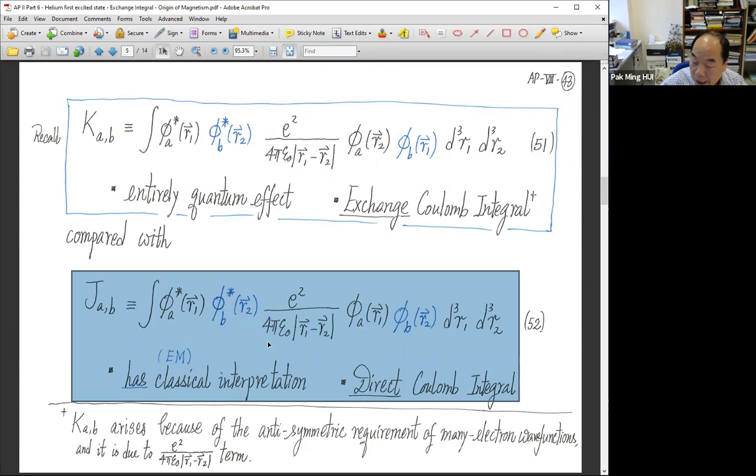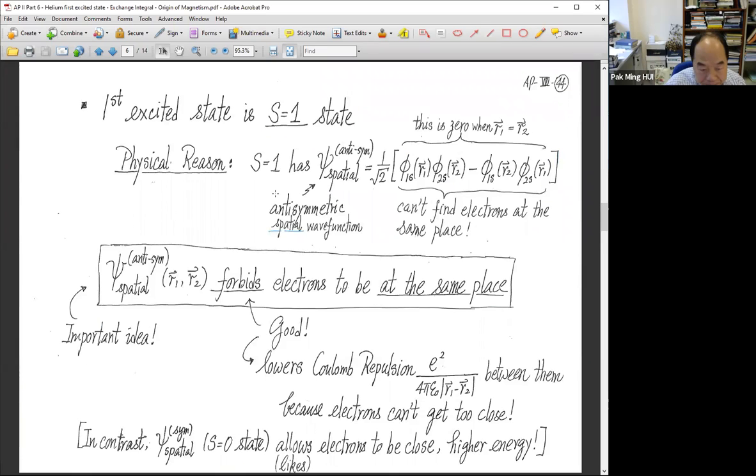We discussed this in Hartree, and if you include this, this is called the Fock term in many-body problems. You may wonder, is there a physical argument that the antisymmetric space part in this situation will lead to a lower total energy?